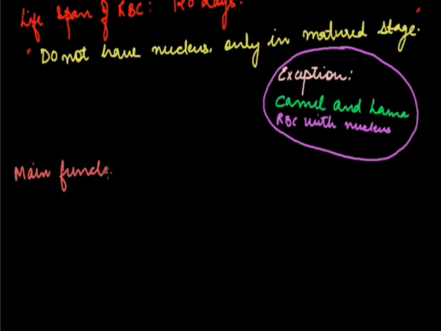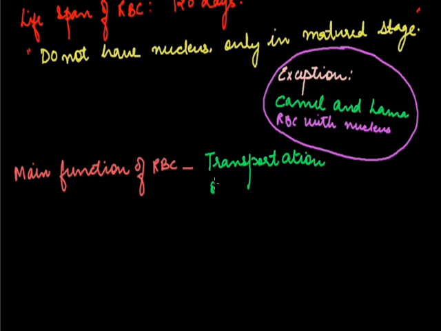The main function of RBC is transportation of oxygen. RBC contains a protein called hemoglobin. This hemoglobin helps in the transportation of oxygen.